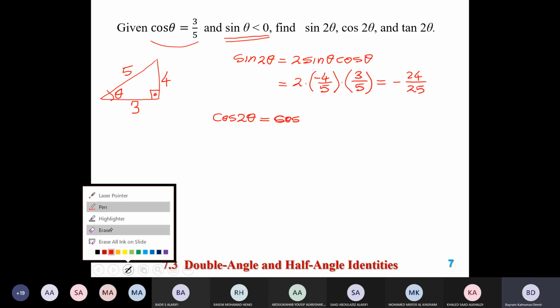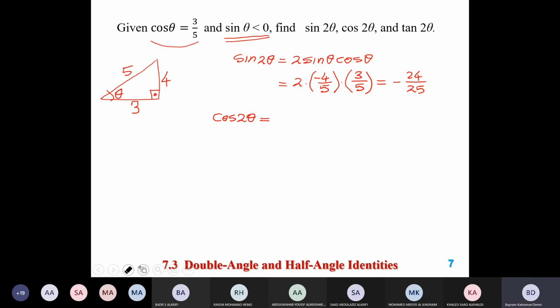Let me just make sure it is clear. Okay, let me use this one. Cosine square theta minus sine square theta. All right. Cosine square of theta is 9/25 minus square of sine.